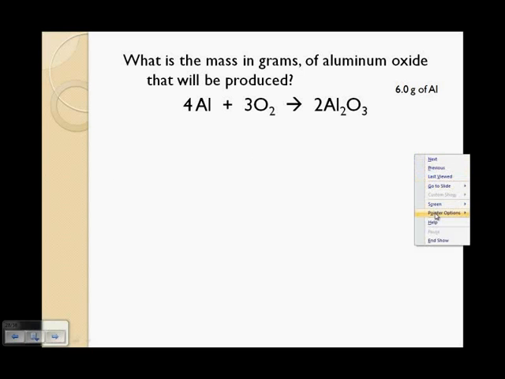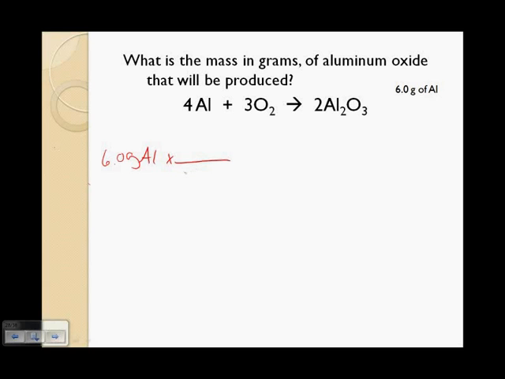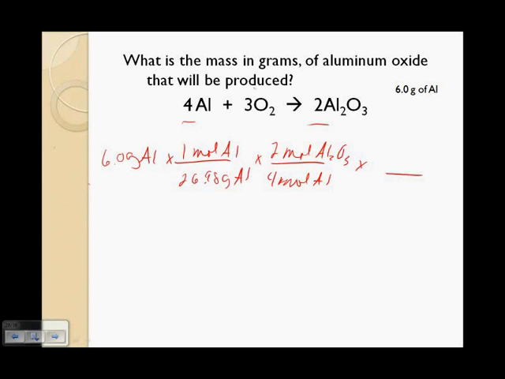I'm going to start with my given, which, if you recall, was 6.0 grams of aluminum. So 6.0 grams of aluminum, and what I know is 26.98 grams of aluminum is 1 mole of aluminum, and my mole ratio is 4 moles of aluminum give me 2 moles of aluminum oxide. And I want grams, so I got to convert this aluminum oxide to grams.